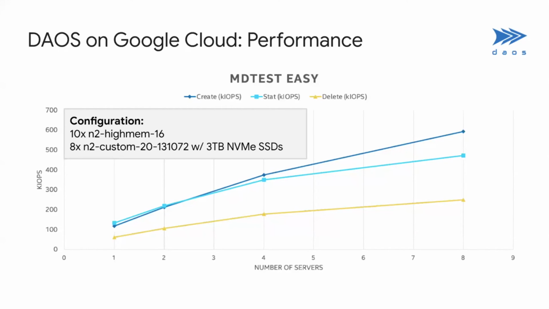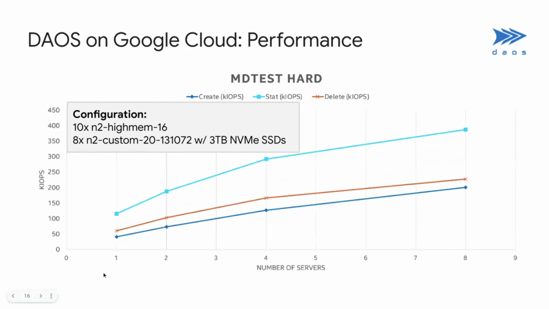There might be some optimization here we can do, and there is no reason why it should be lower, but we need to investigate more, and I'm convinced we can get it slightly above the create IOPS like we are used to. And destroy, delete is a more heavyweight operation, because even if the file is empty, we need to truncate the file everywhere. So there is more RPC over the network that explains the drop, but that's a typical ratio that we have even with other IO500 runs on Wolf or Endeavor.